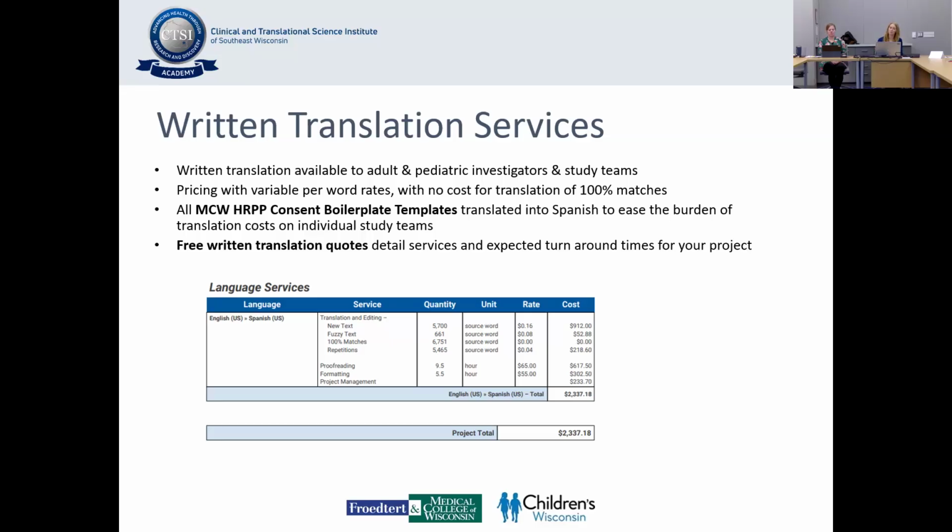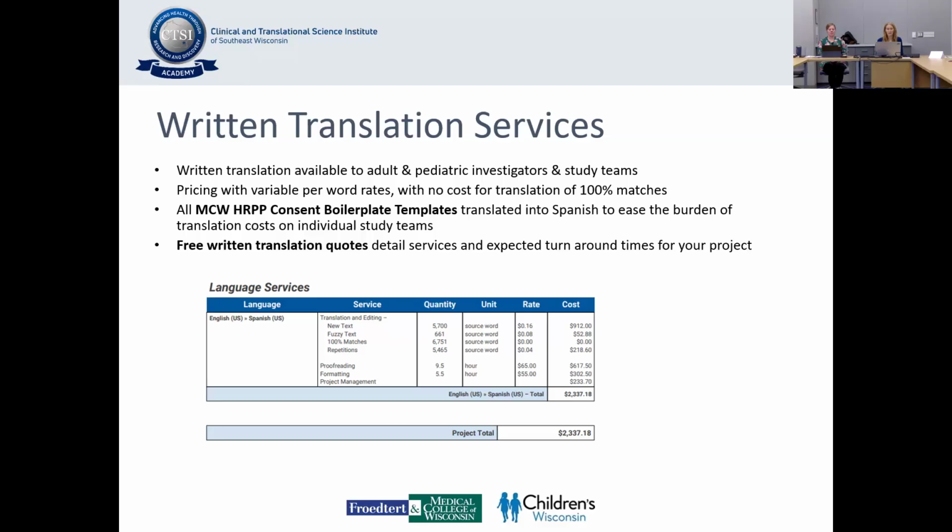This could be an ICF form, it could be a survey or any of your research documents. I then submit it through a portal to our contacts with Language Line Services, and they respond back with a quote for you. So you'll have a full opportunity to review what they are looking at, the pricing associated with it, before moving forward with the full translation.